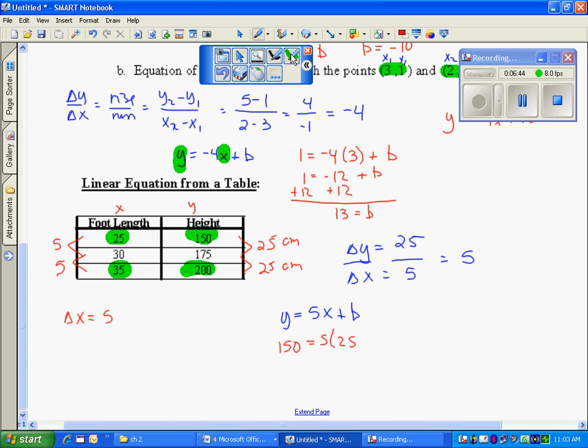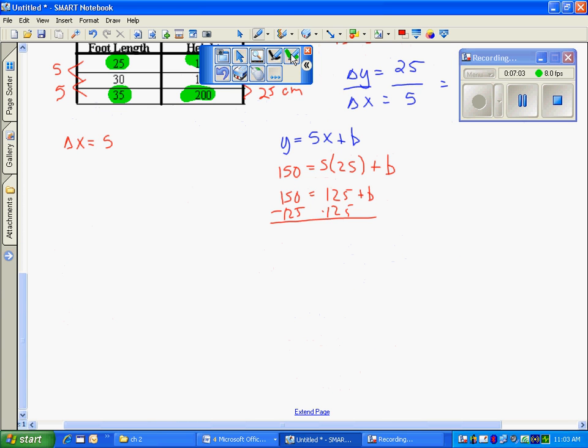I always like to think of 25 as quarters. If I have 5 quarters, I have $1.25. Solving for b, looks like b then becomes 150 minus 125, which is 25.